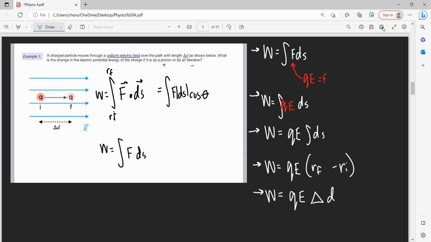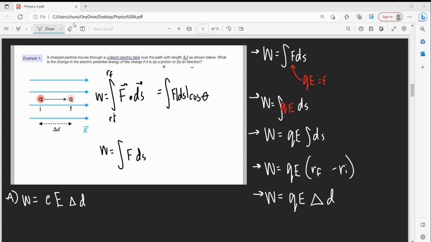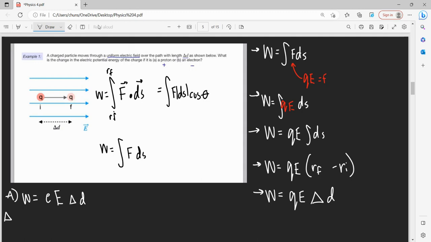So if we were to do this for a proton, we want to find the electric potential energy. So let's find our W first. So our Q is positive. So our charge is the elementary charge, lowercase e, times our electric field, change in d. So then we know our electric potential energy is equal to negative work.